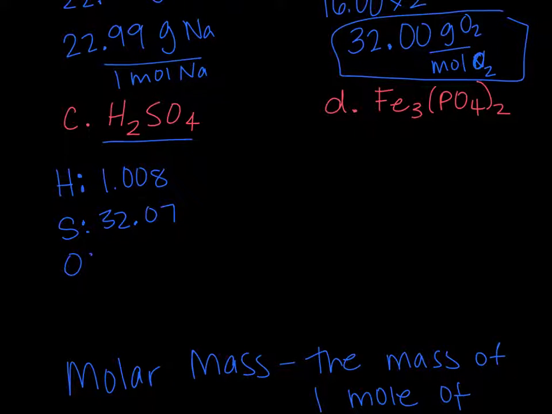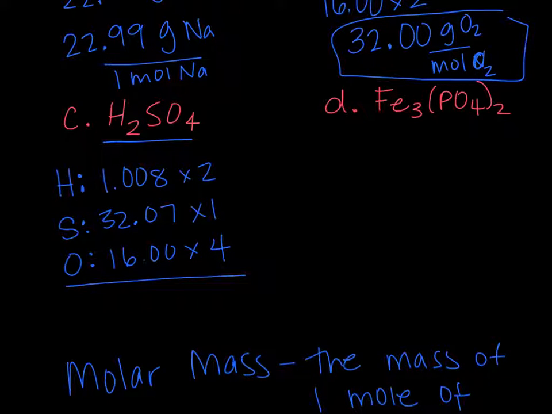And then we just did oxygen. Oxygen is 16. And so we're going to multiply the H times 2, the sulfur times 1, and the oxygen times 4. And then we add all that together. And you get 98.086 grams per mole. And so 1 mole of sulfuric acid has a mass of 98.086 grams.